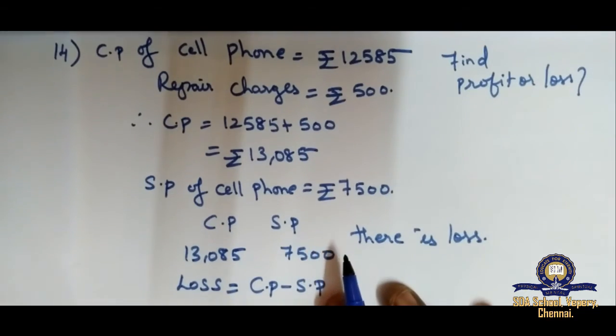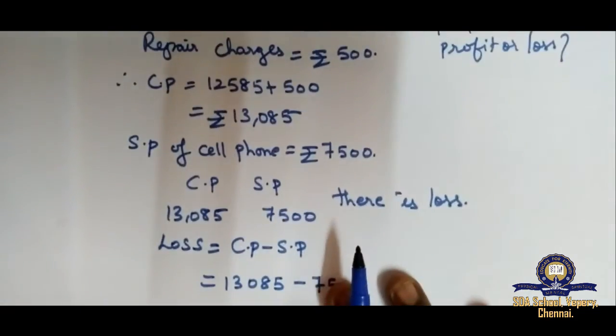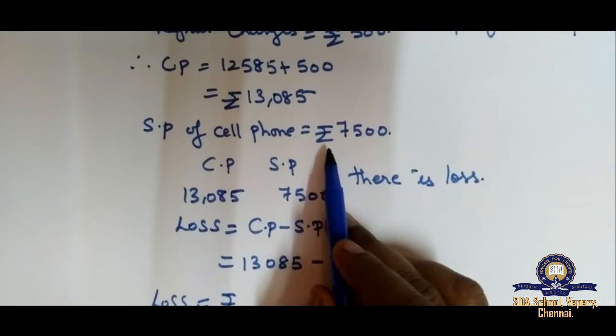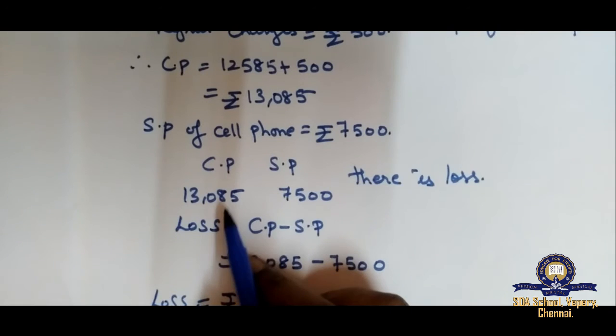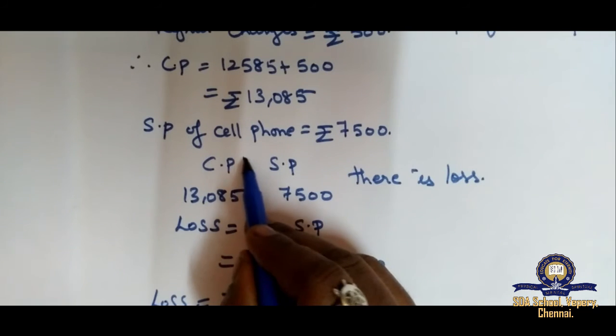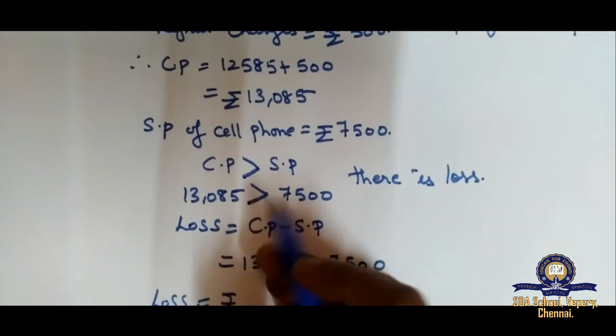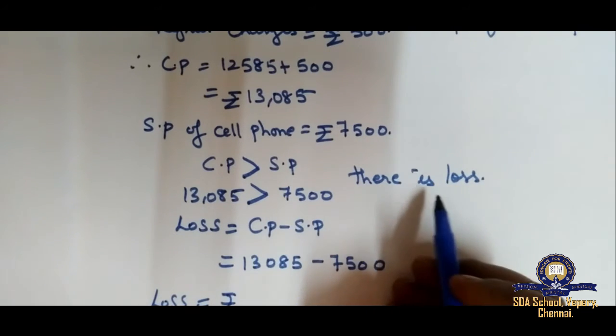Selling price of the cell phone, how much she sold it to the other person, is rupees 7,500. See, cost price is 13,000, selling price is 7,500. Which is greater here? Cost price is greater than the selling price. So there is a loss.